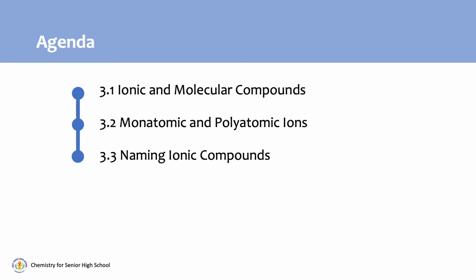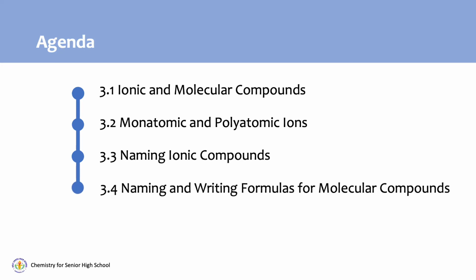Third is lesson 3.3, naming ionic compounds. Fourth, lesson 3.4, naming and writing formulas for molecular compounds. And the last part of our agenda is lesson 3.5, which is all about acids and bases.